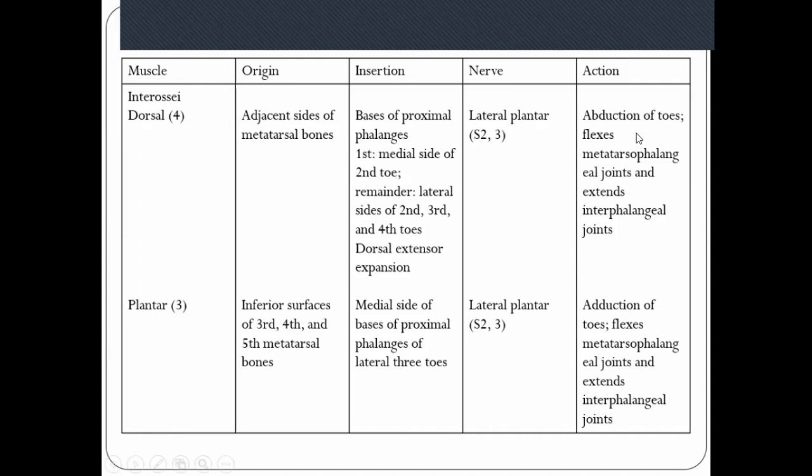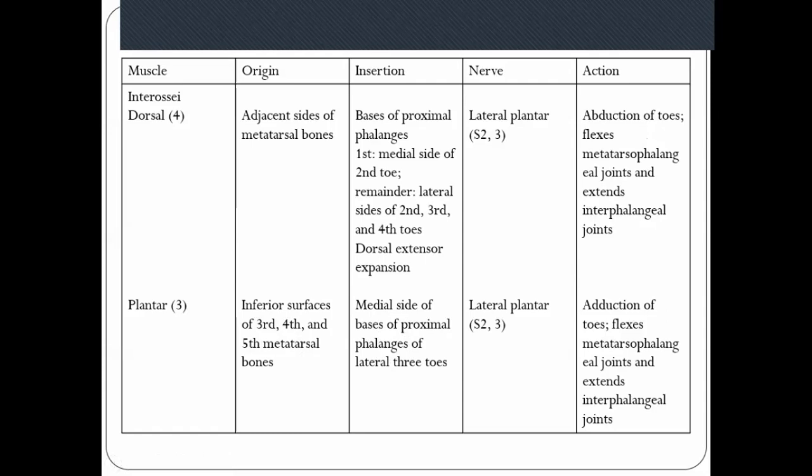They cause abduction of toes and flexion of metatarsophalangeal joints and extend interphalangeal joints. And the plantar interossei, there are three muscles. They originate from the inferior surfaces of the third, fourth, and fifth metatarsal bones and are inserted into the medial side of the bases of the proximal phalanges of the lateral three toes.